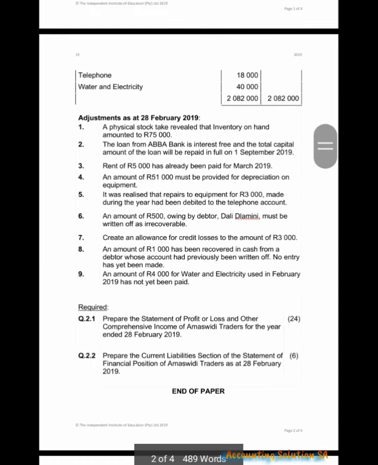Then let's move on to the following transaction. An amount of 1,000 has been recovered in cash from a debtor whose account has previously been written off and no entry has yet been made. In this case, a debtor that we previously wrote off came back and paid an amount of 1,000.